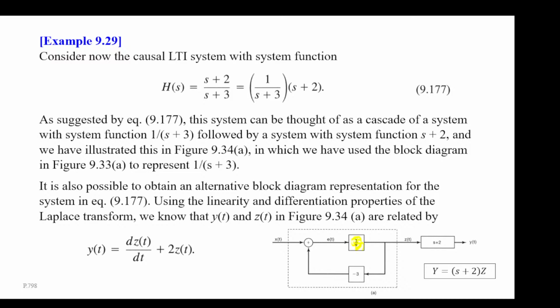This 1 over s means the relation between E and Z is what we want. From this we have big Z equal to 1 over s times big E, and that means big E is equal to s times Z. So big Y is equal to E plus 2Z.